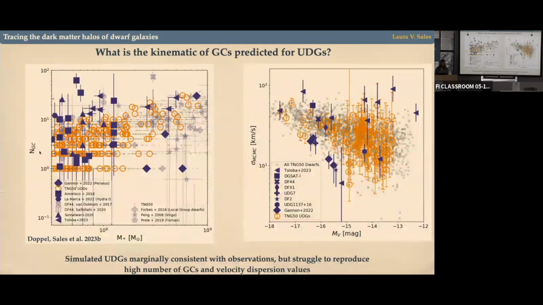These are our predictions for the number of globular clusters as a function of stellar mass. Our simulated UDGs are in yellow, which go kind of okay with the dark purple, which are observations of UDGs in groups and clusters. The normal population of dwarfs is always shown in gray. You can see the gray and the orange are not very different, and that's because in TNG50, UDGs are dwarf galaxies.